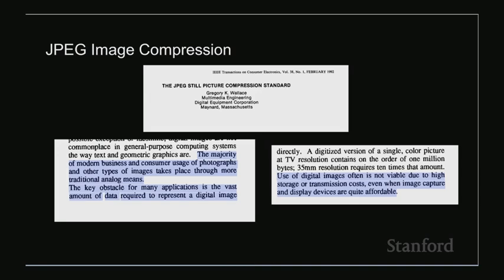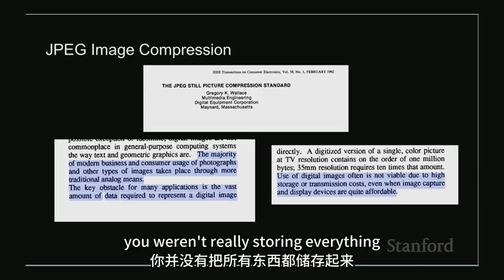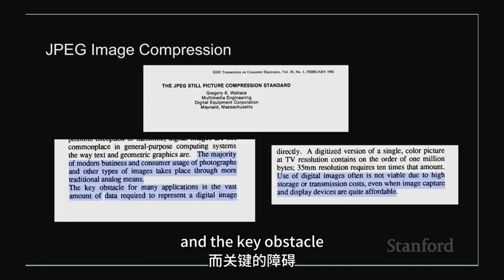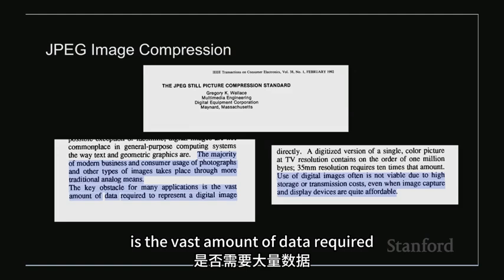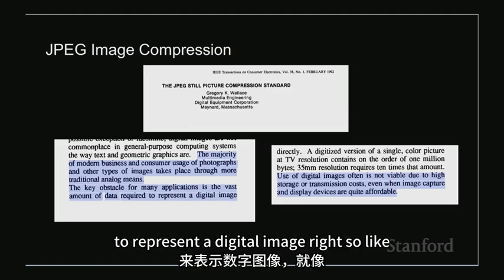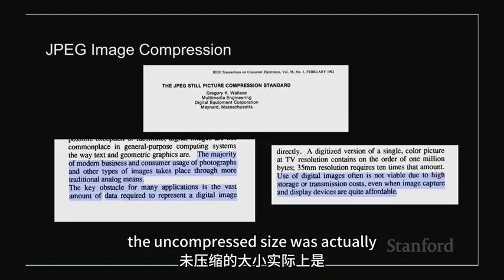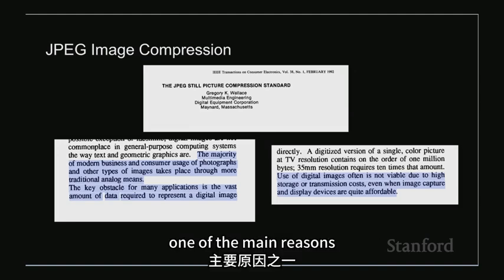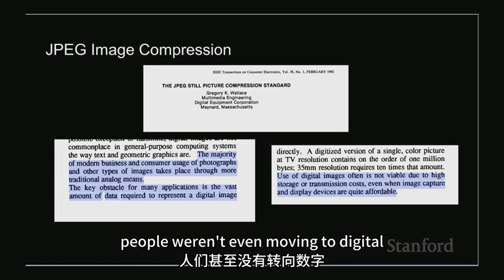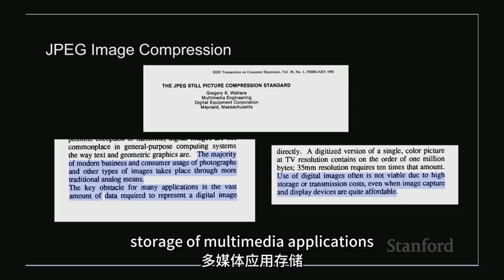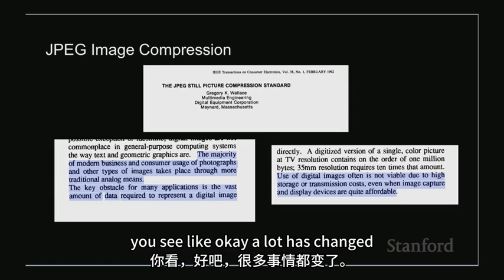So in 92, you weren't really storing everything in a digital format. The key obstacle for many applications is the vast amount of data required to represent a digital image. The uncompressed size was one of the main reasons people weren't moving to digital storage of multimedia applications. And now you see, okay, a lot has changed.